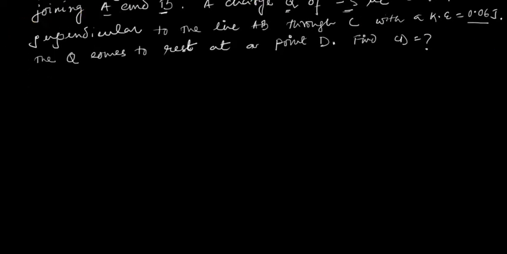as a diagram. In the diagram we just try to understand. Suppose this is a straight line AB.